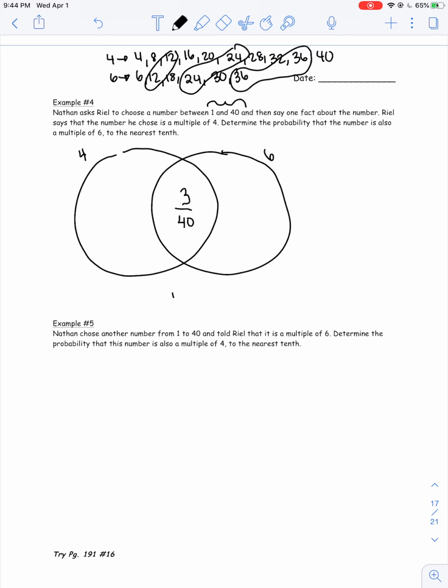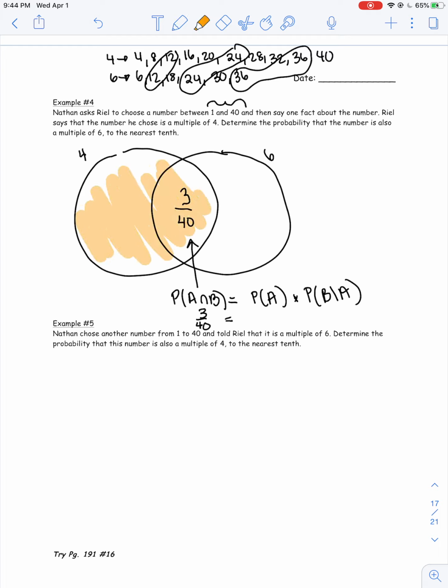So when we're looking at our equation, probability of A and B is equal to probability of A multiplied by probability of B if A already happened. Well, we know the intersection. This is our intersection between the two sets. So we can already fill this out with 3 out of 40. The probability of A would be this entire circle, this whole thing here.